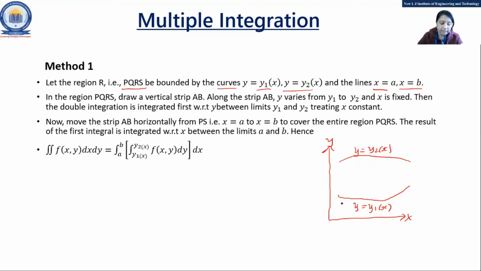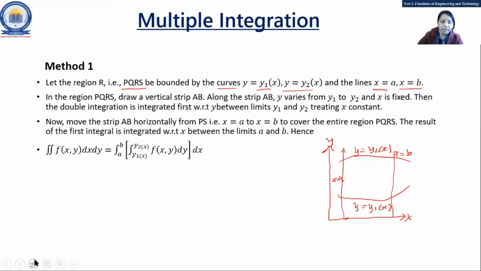On the x axis, suppose here it's a and here it is b. So x equal to a is a straight line, this line is x equal to a, and this line is x equal to b. So we can say this is my bounded region using these four, two curves and two lines.